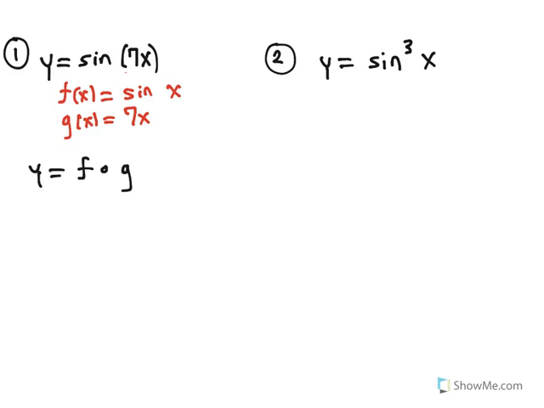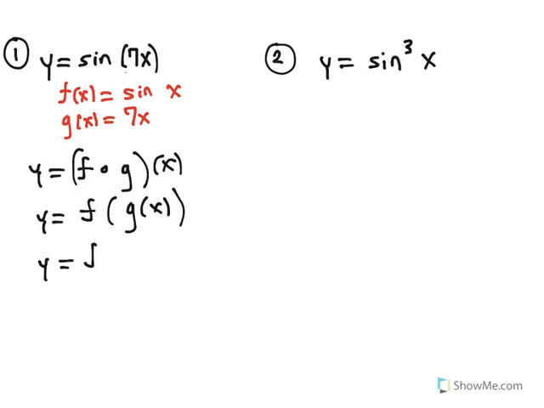And of course you write it this way, f of g of x, and the inside function is g of x, which is 7x. g of x is 7x. And the outside function is sine x, so you have y is equal to sine, and you evaluate the outside function at the output from the inside function, which is 7x.